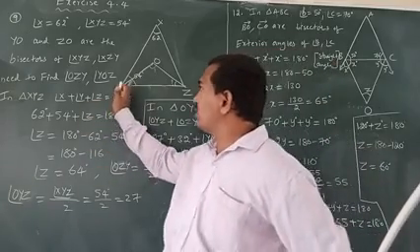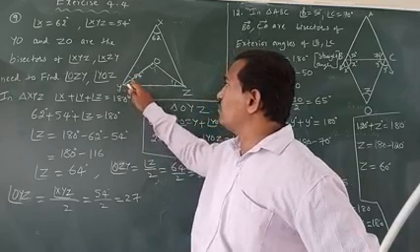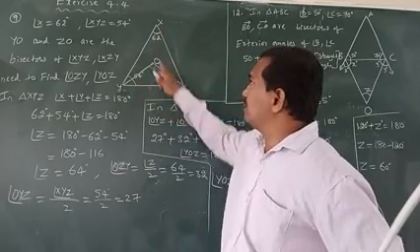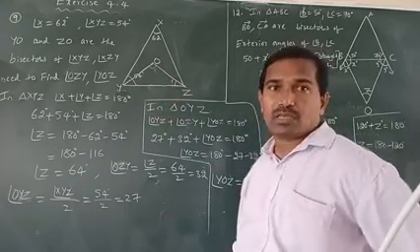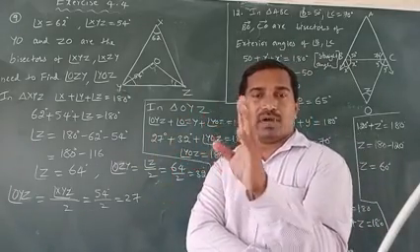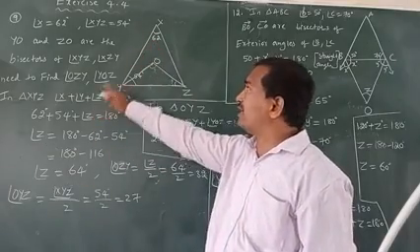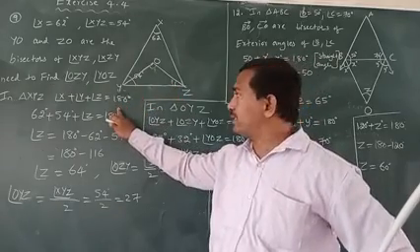First let us find angle Z. In the big triangle XYZ, these two angles are given, so we can find angle Z. In a triangle, the sum of three angles is 180 degrees. So in triangle XYZ, angle X plus angle Y plus angle Z equals 180 degrees.